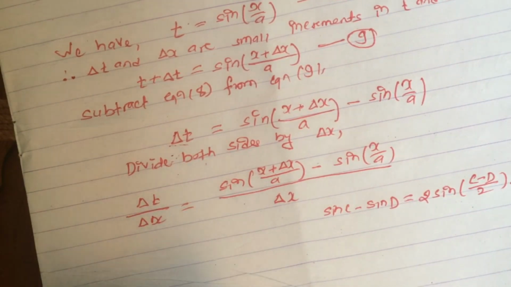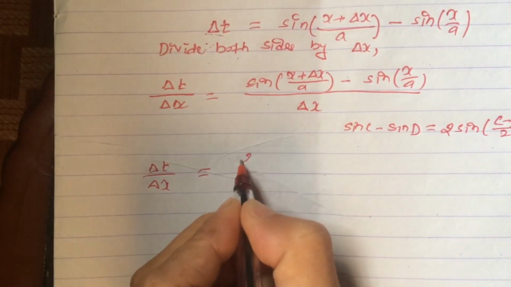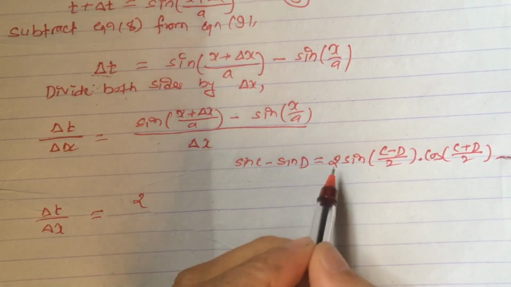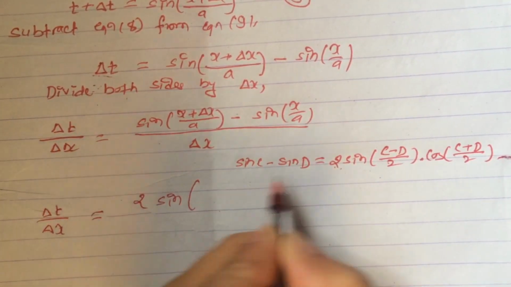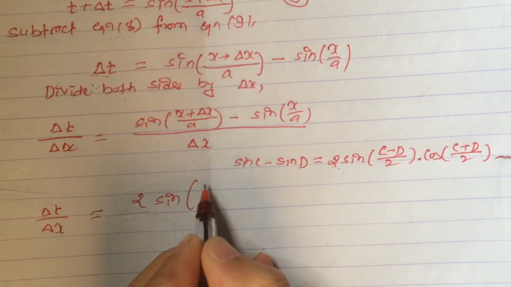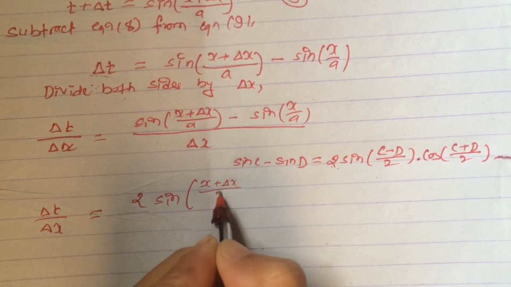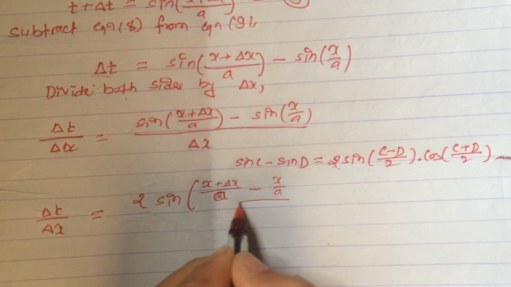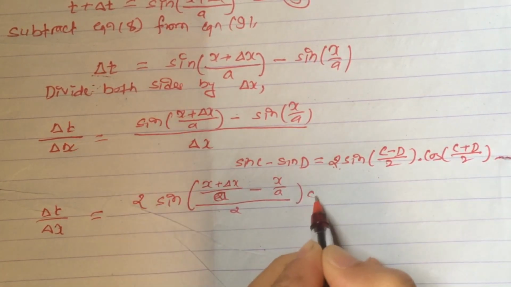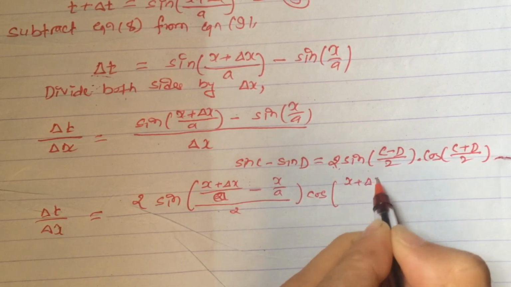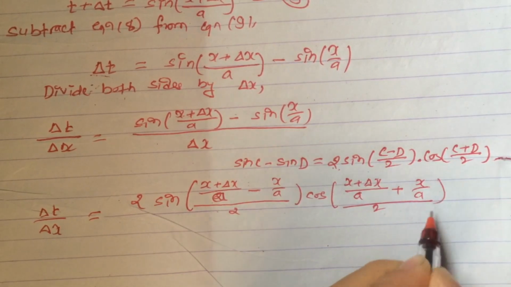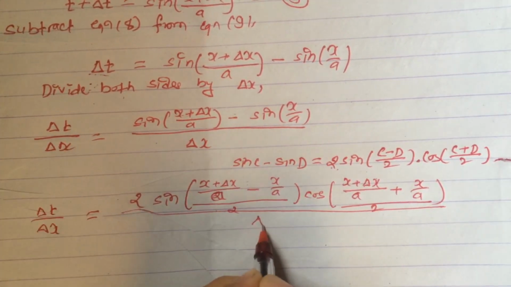Then we get del t by del x is equal to 2 times sine of c minus d, so it is x plus del x divided by a minus x by a whole divided by 2, times cos of x plus del x divided by a plus x by a whole divided by 2, and here you have to write the whole divided by del x as well.